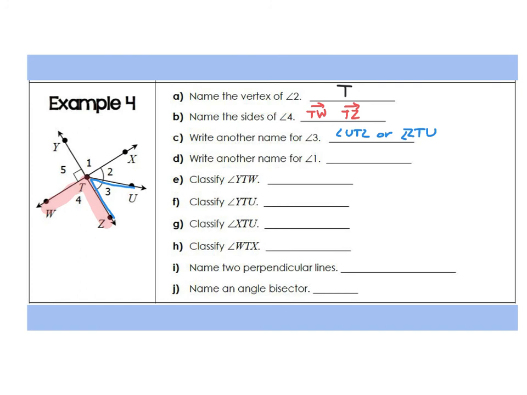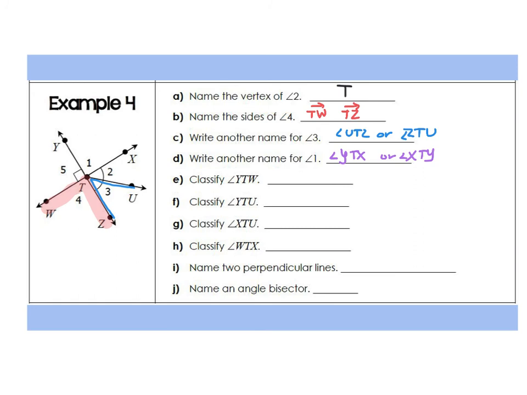Write another name for angle 1. Angle 1, we can call it angle YTX, YTX or XTY, and we're talking about angles.